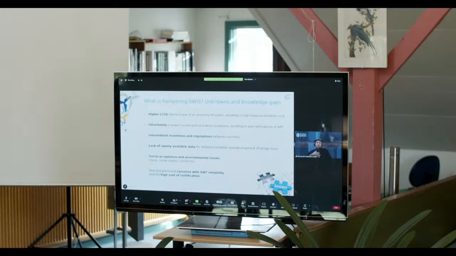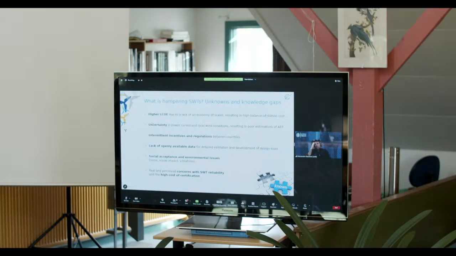The final two elements: the first one is social acceptance and environmental issues. Small wind turbines, as you perfectly know, are installed quite close to the built environment, or let's say the populated environment, which exacerbates a little bit the problem of visual impact, noise, and the perception of the populations.